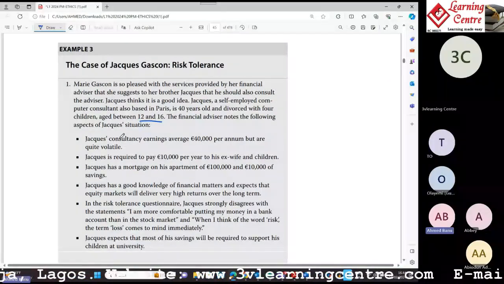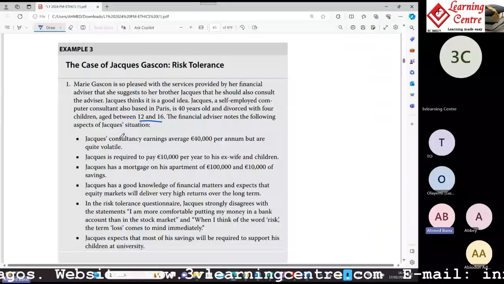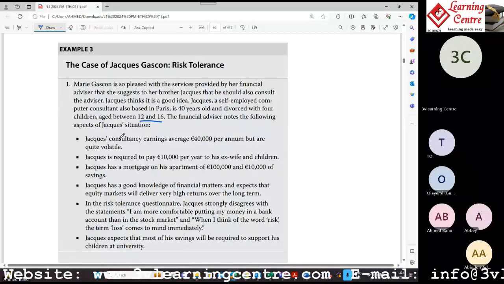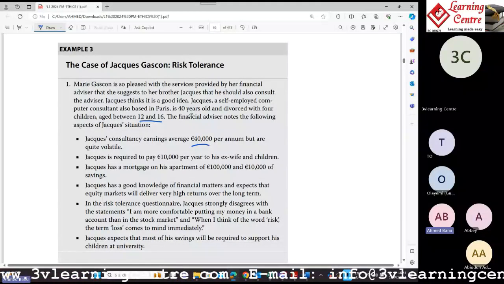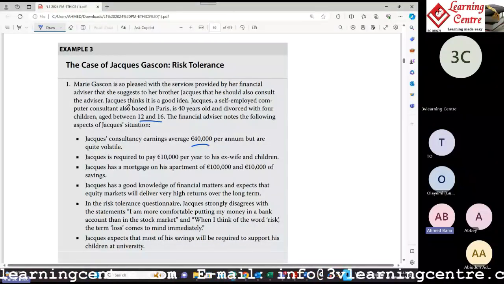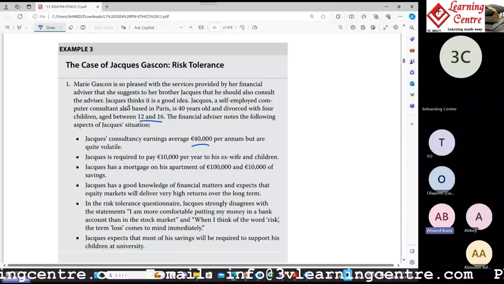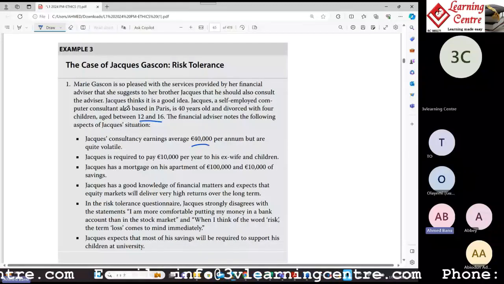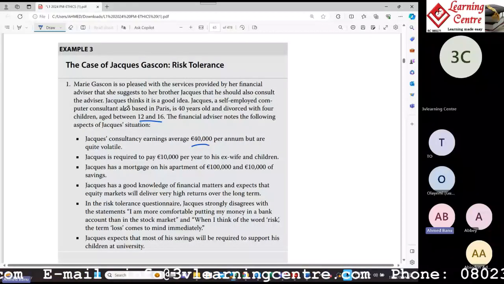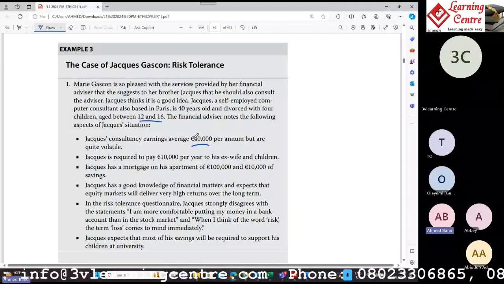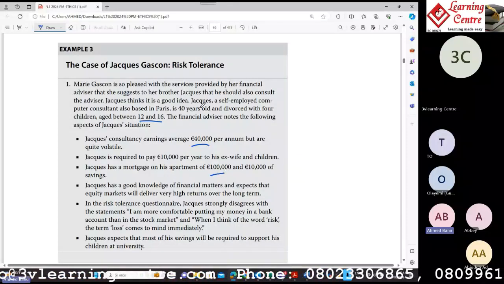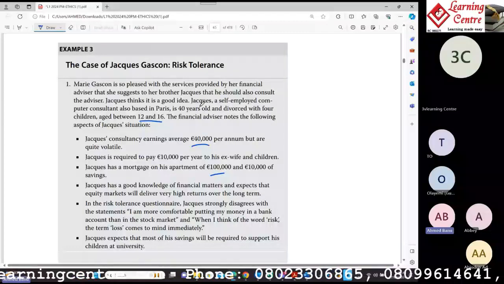Jacques' consultancy earnings average 40,000 euros per annum, but are quite volatile. Jacques is required to pay 10,000 euros per year to his ex-wife and children. Jacques has a mortgage on his apartment of 100,000 euros and 10,000 euros of savings.